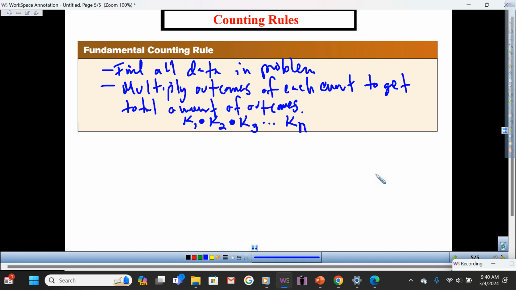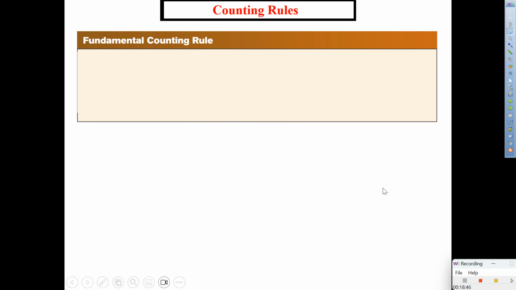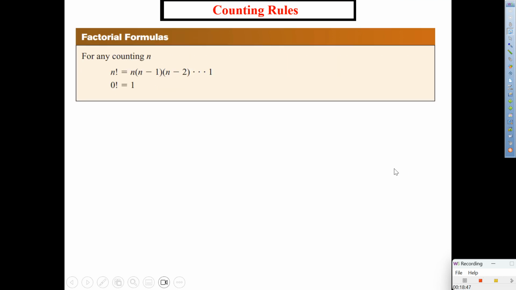All right. However, I already introduced on the warm-ups another rule, and I haven't really formally introduced it to you guys, but here it goes. That rule is known as the factorial rule. Factorial rule. For any counting number n, n factorial is equal to n times n minus 1 times n minus 2, dot, dot, dot, all the way to 1.